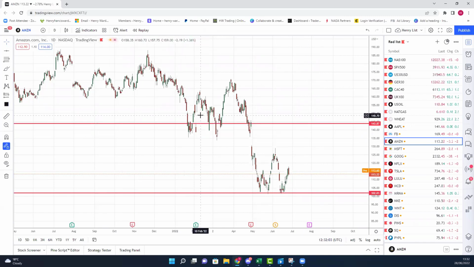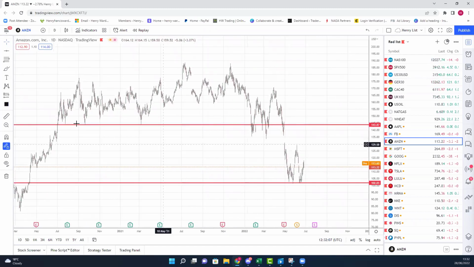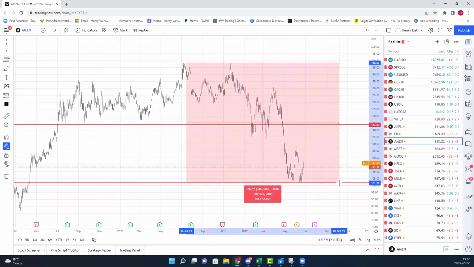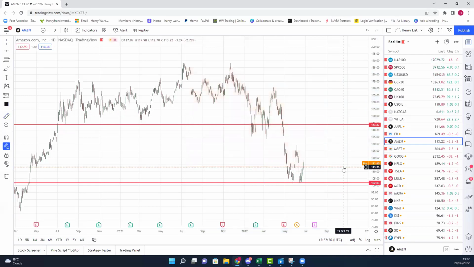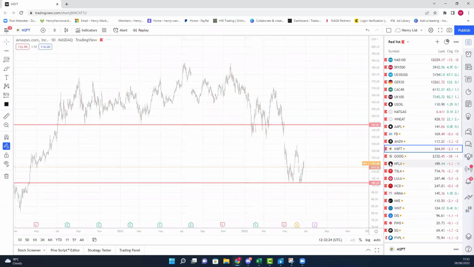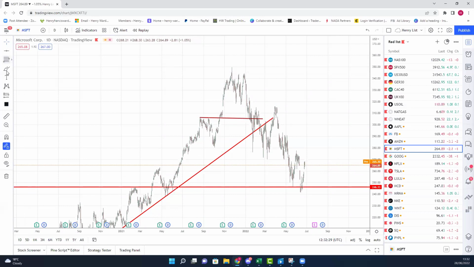But again, Amazon, is this one a good buy now? What is it? Dropped from the high here 44%, a little jump, so 40% down. Do we think that Amazon is cheap at a 40% discount? Microsoft for me is very similar to Apple.